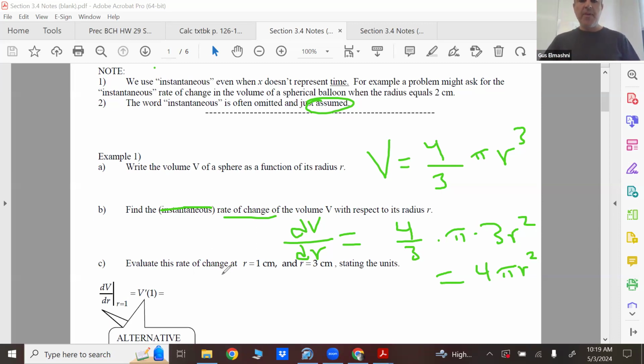And then you're asked to evaluate it. Well, that's not hard. And we have to state the units, guys. So guys, quiet, please. You're going to write like this. And also if I do the next one here.